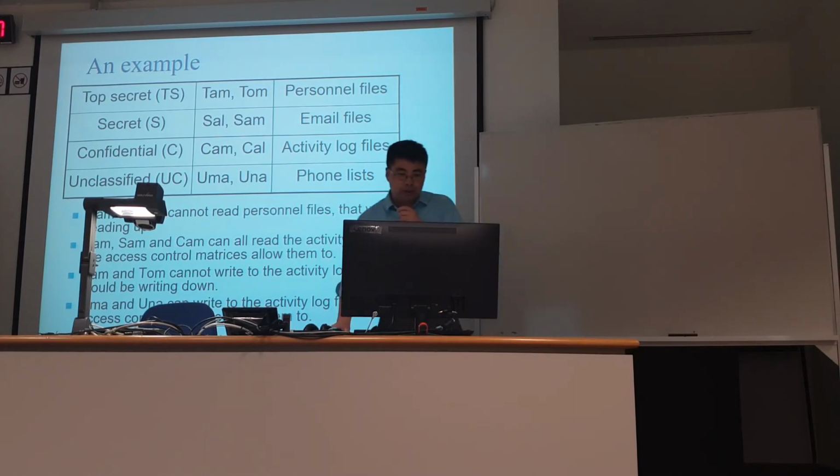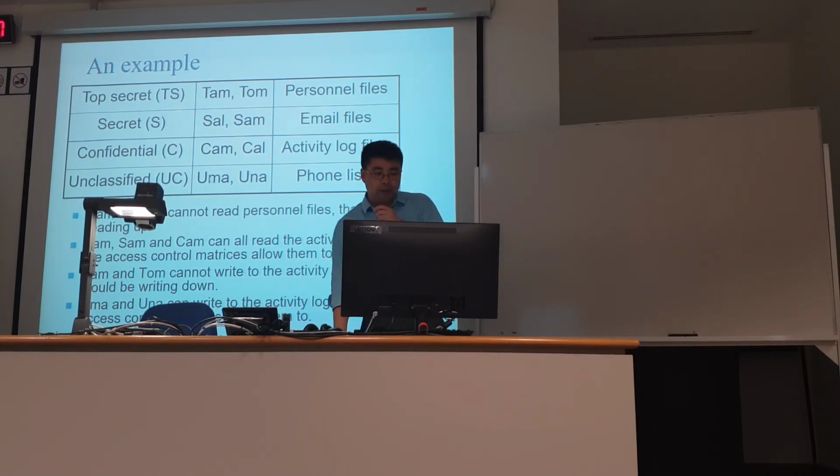TAM and SAM and CAM can all read the activity log, because TAM is higher than the activity log, so TAM can read the log. SAM is also higher, SAM can read. CAM has the same level, so CAM can also read, right? So you can read down, or you can read a file at the same level, but you cannot read up.